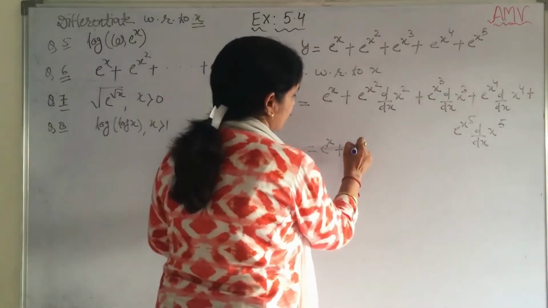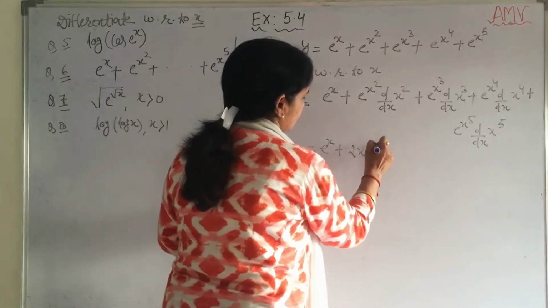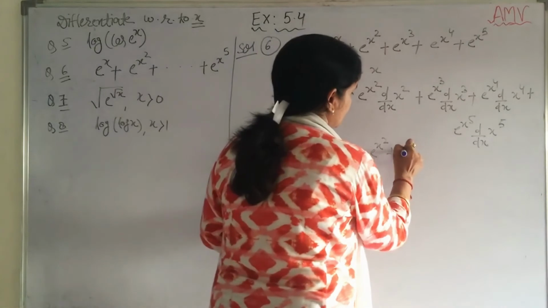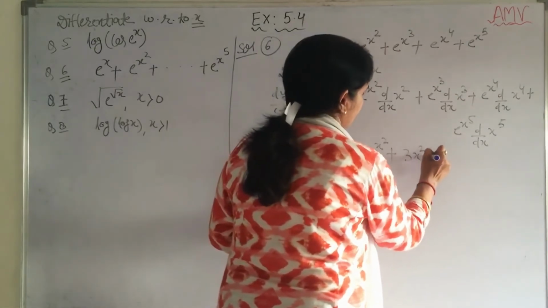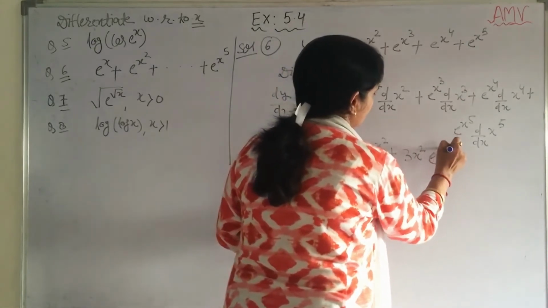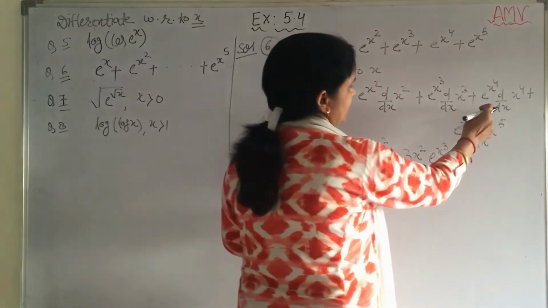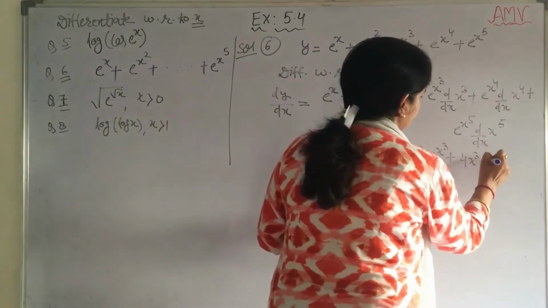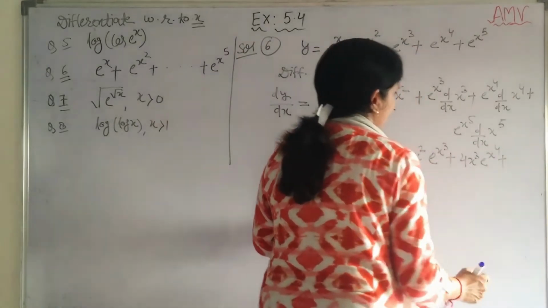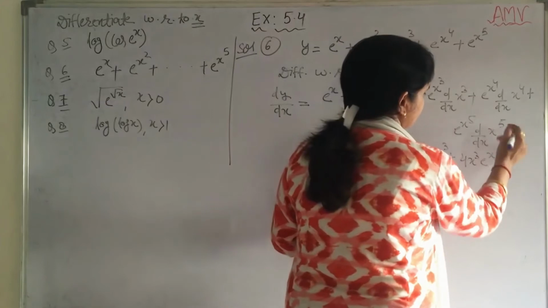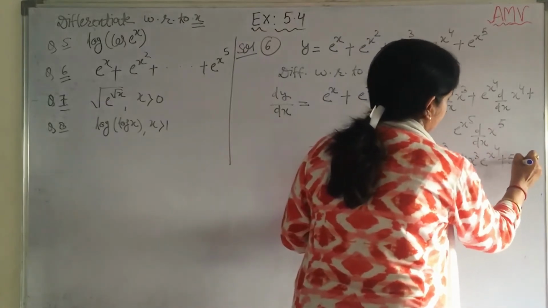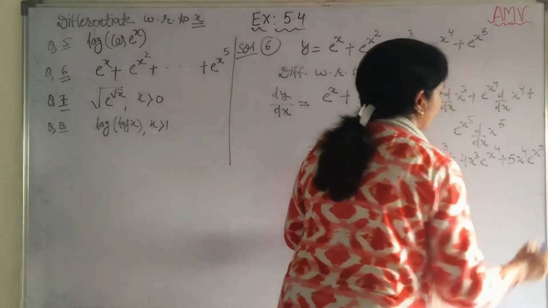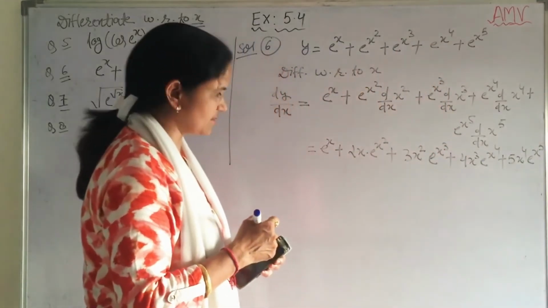Derivative of x² is 2x e raised x² plus derivative of x³ is 3x² and here e raised to x³ plus derivative of x⁴ is 4x³ e raised to x⁴ plus here derivative of x⁵ is 5x⁴ and here e raised to x⁵. Okay. It is the answer of this question.